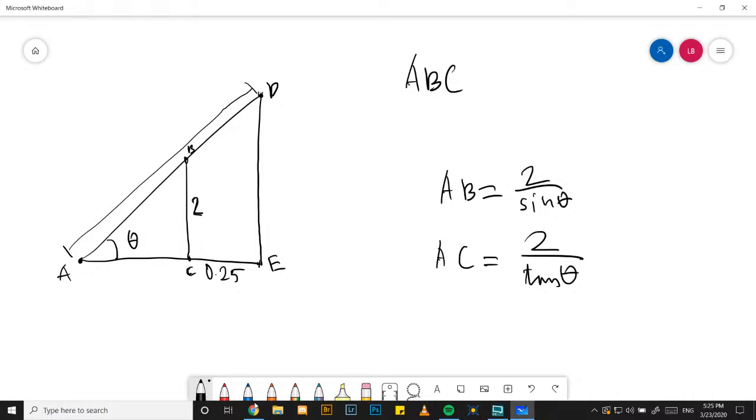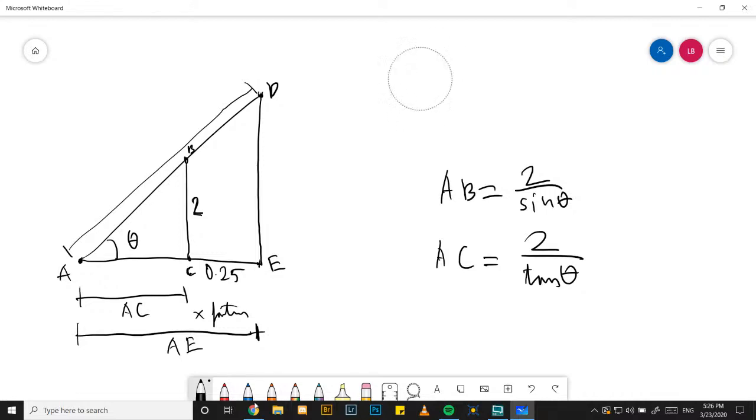And now because these are similar triangles, this side AC is being multiplied by some factor to become AE. And AB, which is 2 over sine theta, must be multiplied by that same factor in order to get AD. And AD is what I have to minimize.